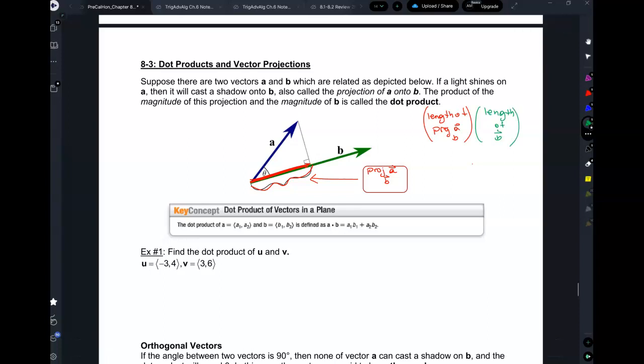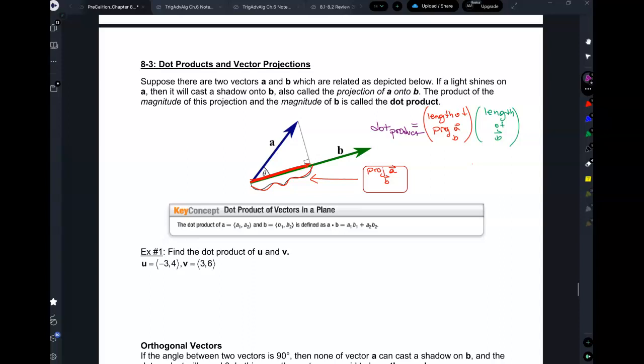If I were to multiply those two lengths by each other, now I have another number. That is the dot product. You guys with me? So that's what a dot product is. To find a dot product of two vectors, you take the length of one vector and multiply it by the length of the projection of the other vector onto it. And then you just get a number, 12, 15, 72, whatever.